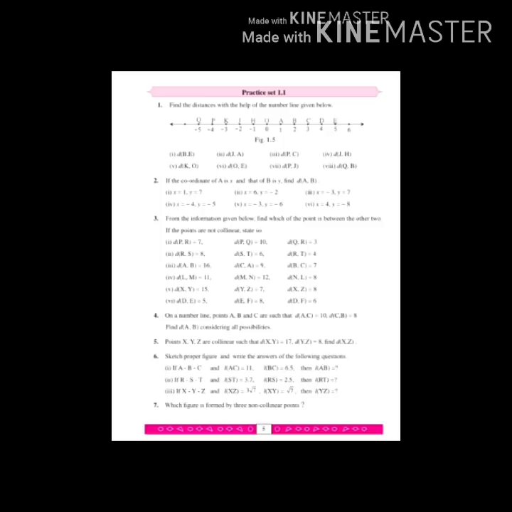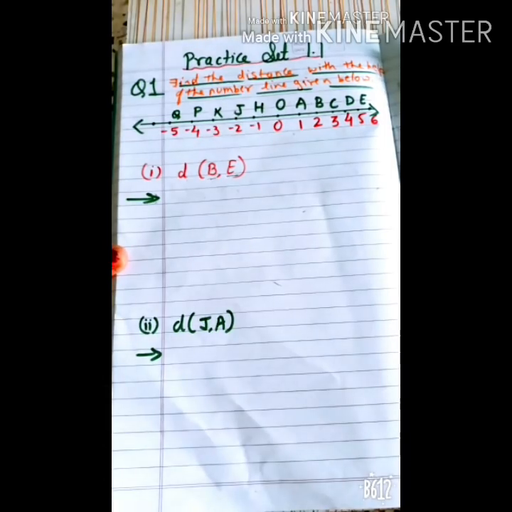Now let's start with practice set number 1.1. Question number 1. Find the distance with the help of the number line given below. Students, I have already taught you how to read the coordinates of points and find the distance between given points.